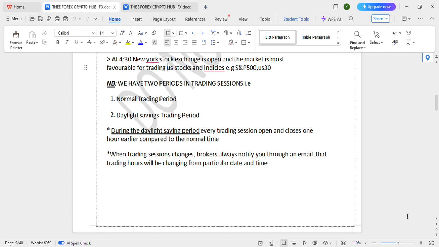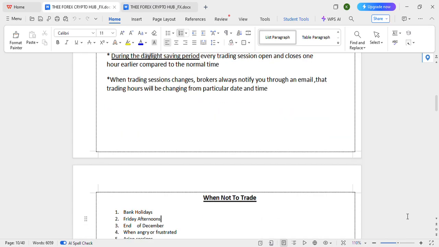So maybe someone might start asking themselves, how will I know? When trading sessions change, brokers always notify you through an email that trading hours will be changing from a particular time, day and date. So the brokers are going to do that work. Don't be stressed by that.